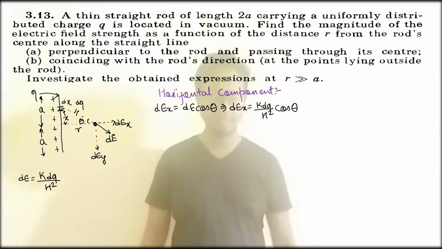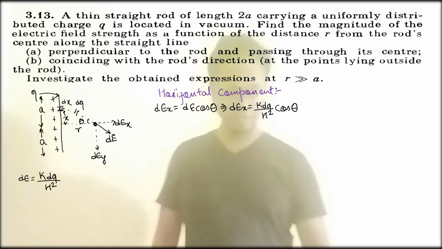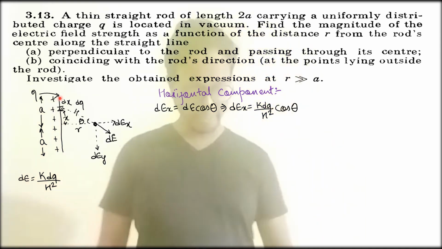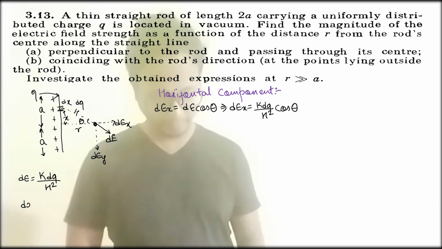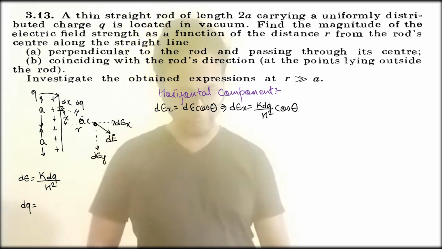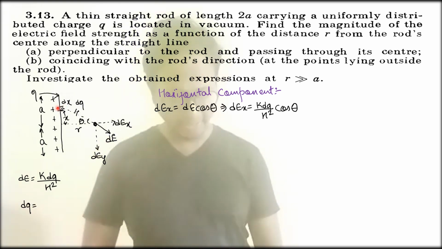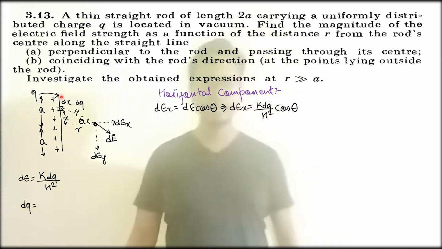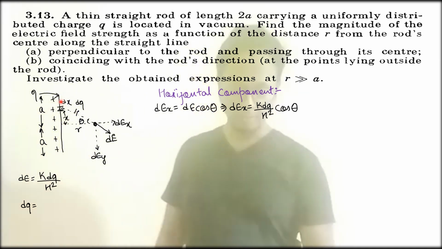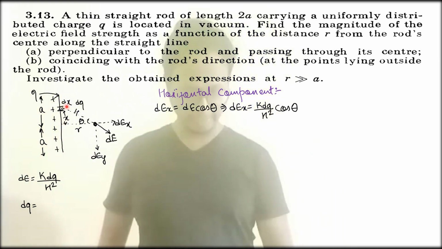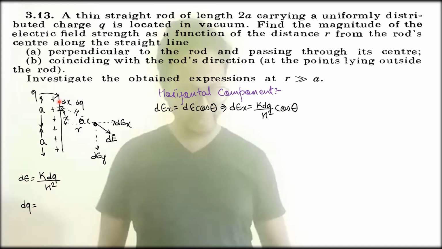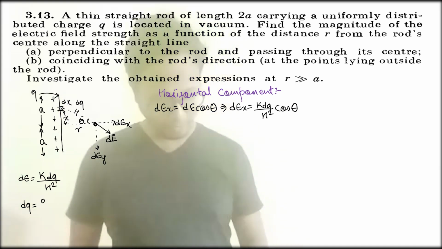Problem is, what is the value of dq? If you observe out here, dq is nothing but the charge contained inside this dx amount of element. And the charge contained inside this dx element is the total charge divided by total length into dx.